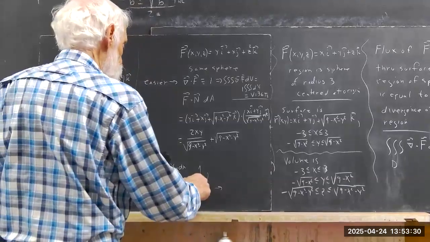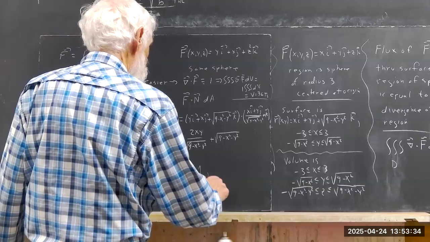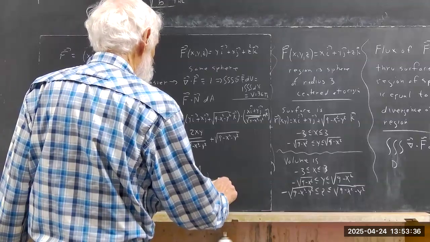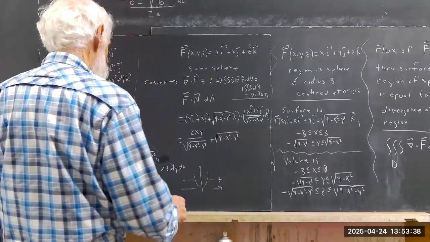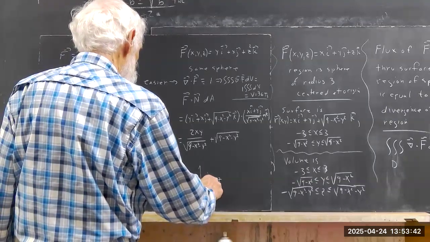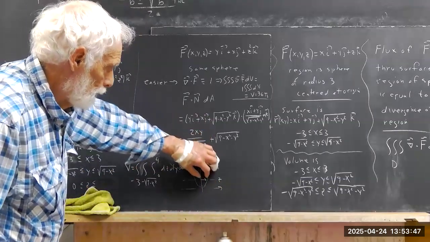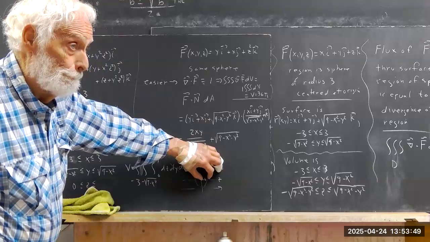This will be closed. I'm just going to do this by cross section. Okay. Now the cross section here at z is a circle of this radius, right?